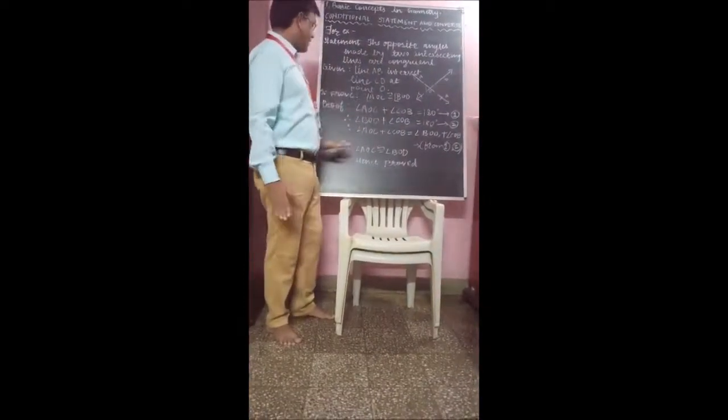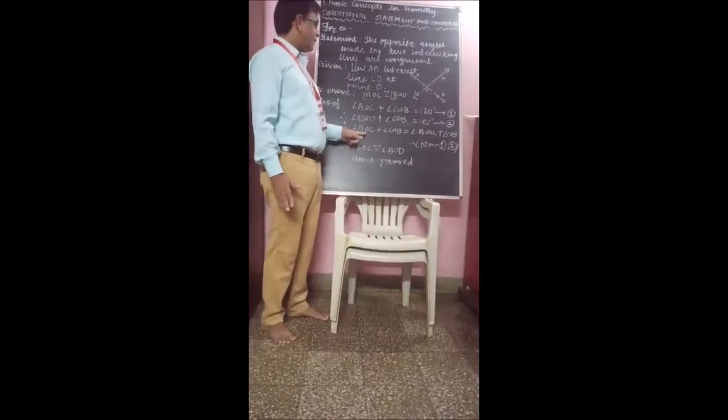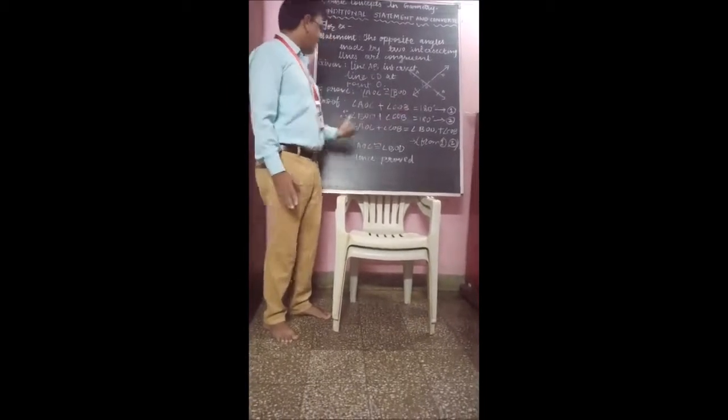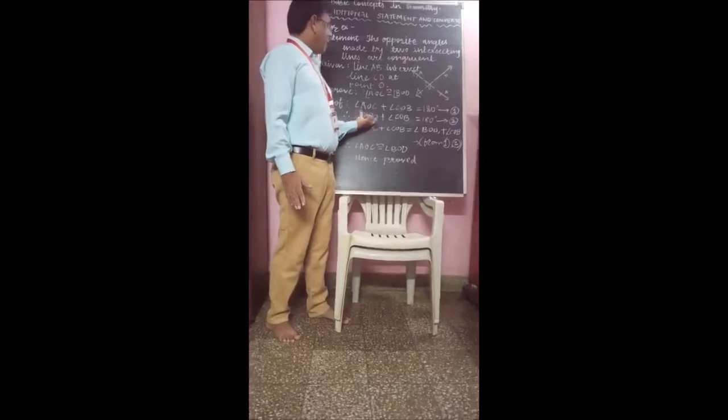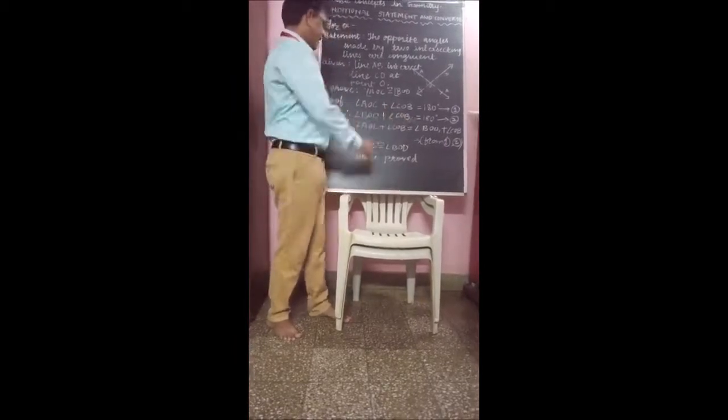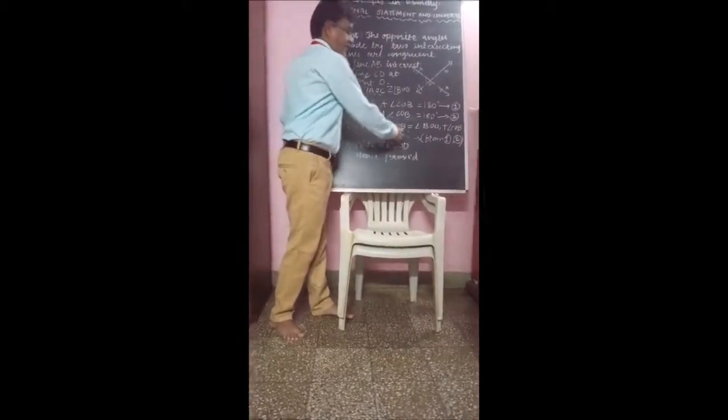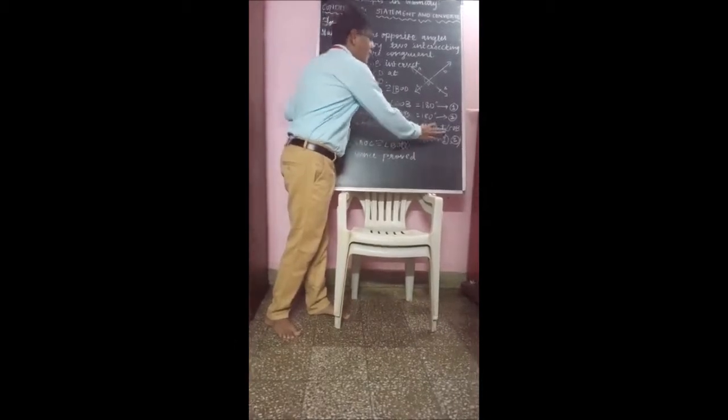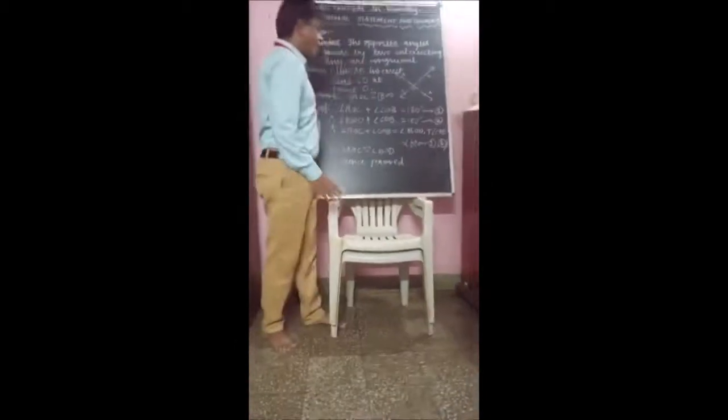So logically, AOC plus COB is equal to BOD plus COB, from statements 1 and 2.